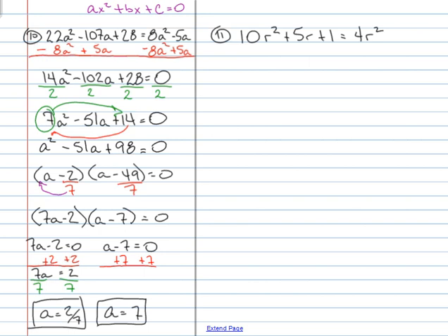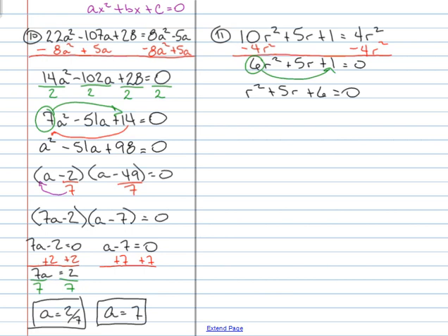So to the left I go, I'll do a minus 4r squared, a minus 4r squared. 10 minus 4 gives me 6, so I have 6r squared plus 5r plus 1 is now equal to 0. I'm now going to multiply 6 times 1. So 6 times 1 gives me r squared plus 5r plus 6 equals 0.